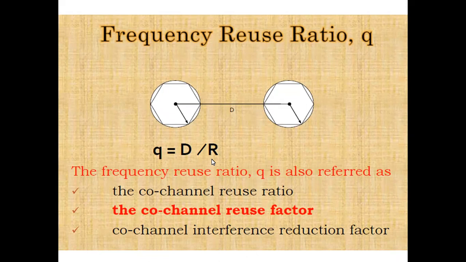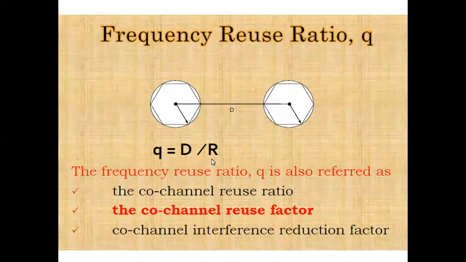Q is also known as the co-channel reuse factor, and also as the co-channel interference reduction factor, because if I am using the same frequencies in different areas, there is a possibility of some sort of interference.